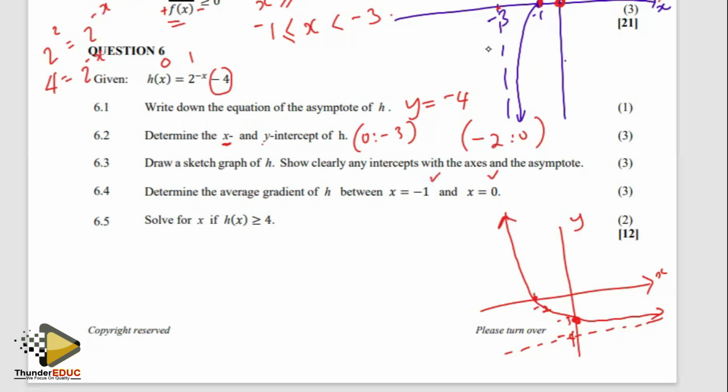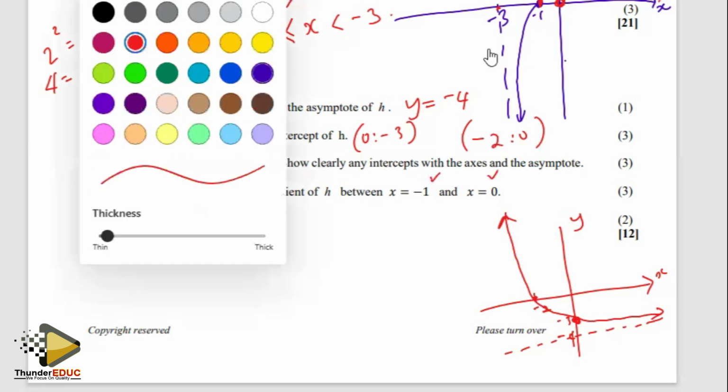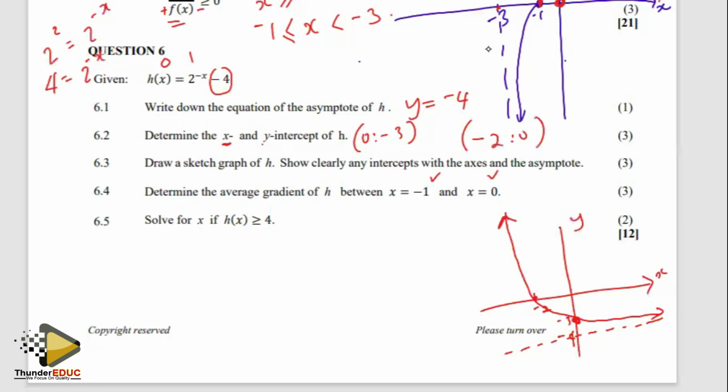So we're going to use the normal gradient formula for this case, but then we need to find the y values first. So what is the y when x is -1? That's going to be 2 minus 4, which is -2. Then when x is 0, we say it is -2. Is that true? No. If x is 0, the y is -3.